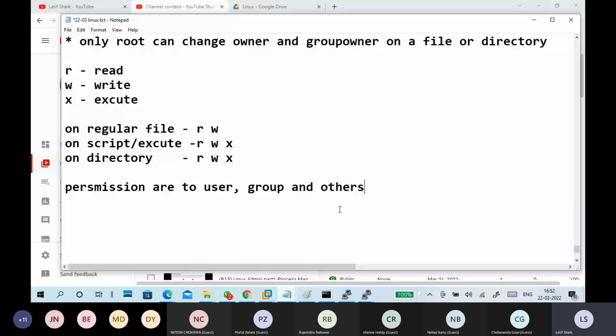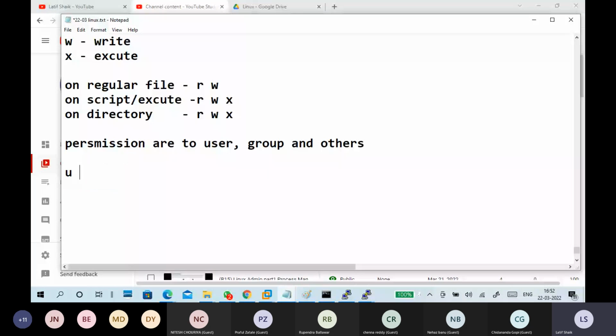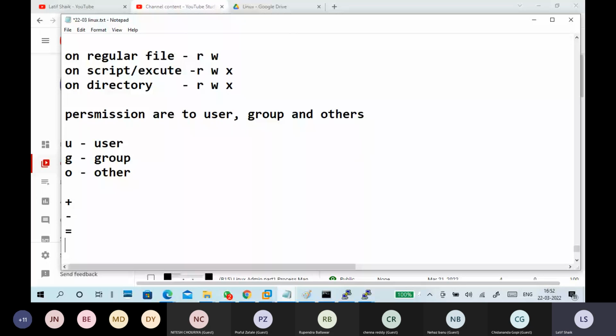U represents user, G represents group, O represents other. Don't worry, if it looks confusing, first of all I will go one by one.